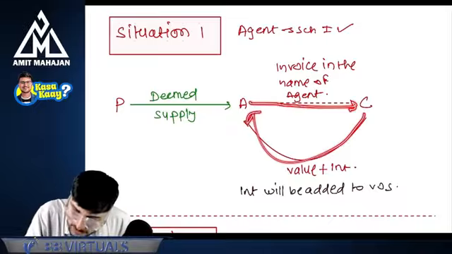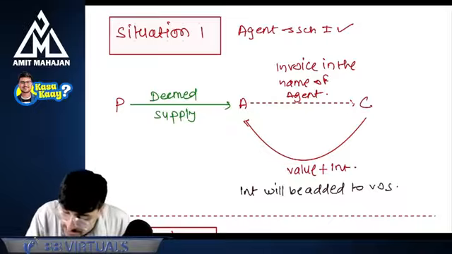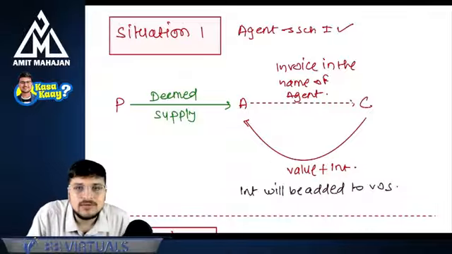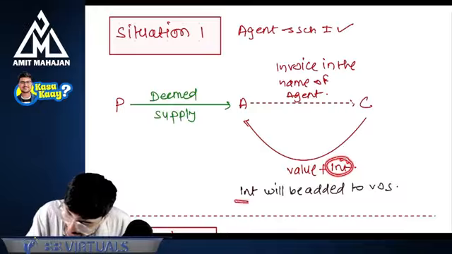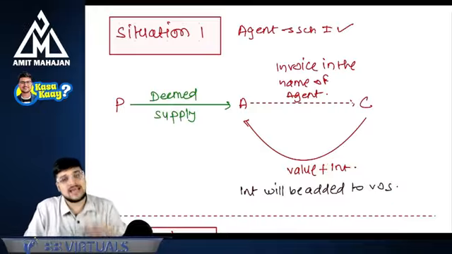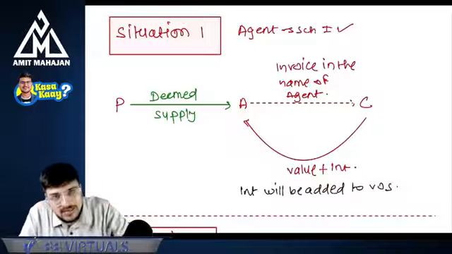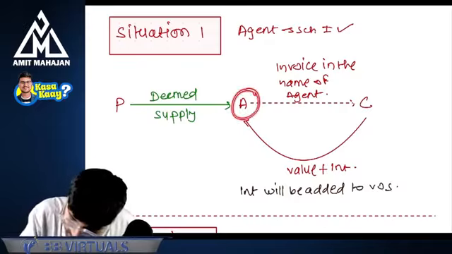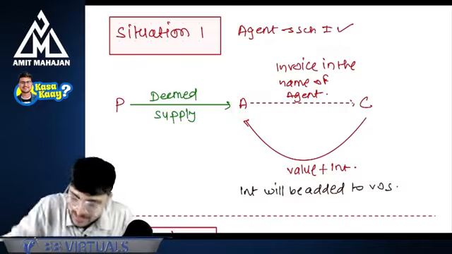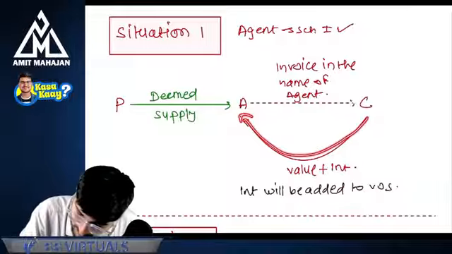So value is to be paid to the agent only. And interest is also getting paid to the agent only. So can I say this interest I can add to value of supply? Absolutely yes. I can add this interest to value of supply. Why? Because the agent is a Schedule 1 agent where the agent is raising the invoice in his own name. That is why the customer is making a payment of value.